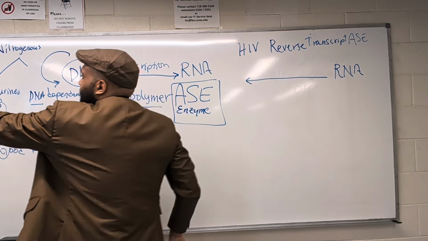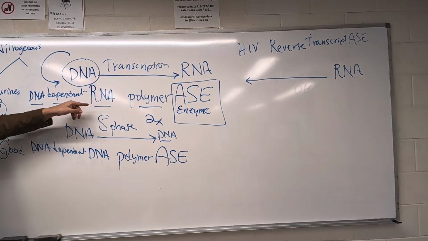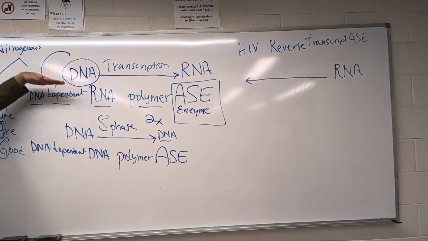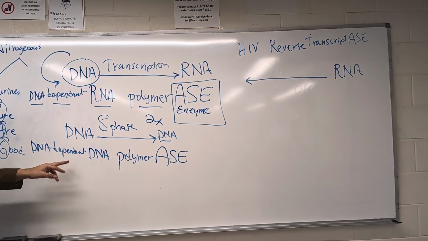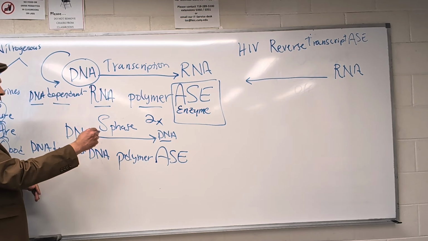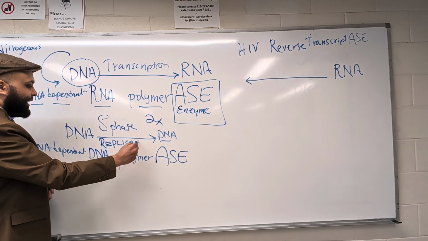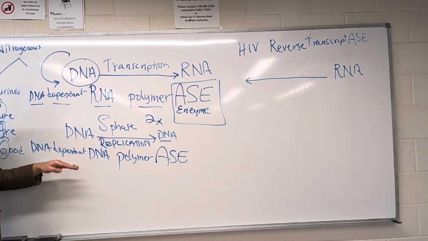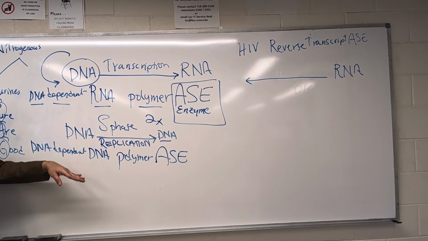What is the direction of the central dogma of biology? From DNA to RNA to proteins. In DNA dependent RNA polymerase, we transcribe from DNA to RNA. In DNA dependent DNA polymerase, this is called replication. We replicate by duplicating the DNA, so we use a DNA dependent DNA polymerase.